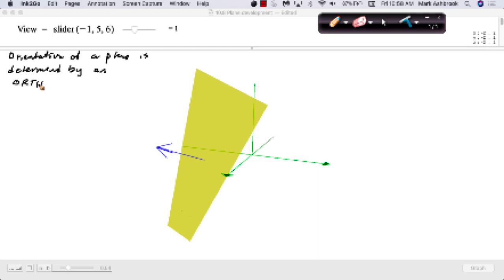But there's actually two other terms we're going to use that mean the same thing in this case. What's another term besides orthogonal we could say? Perpendicular.